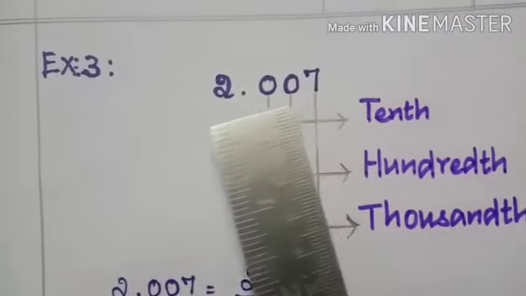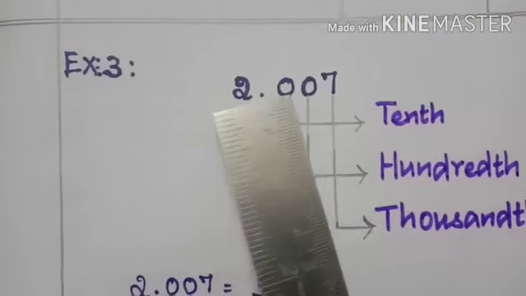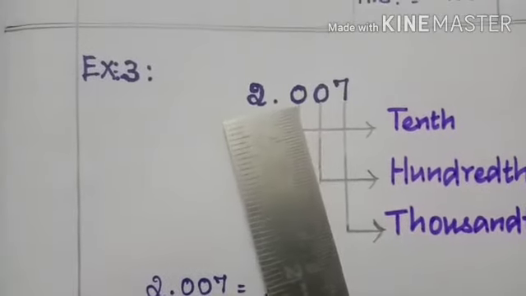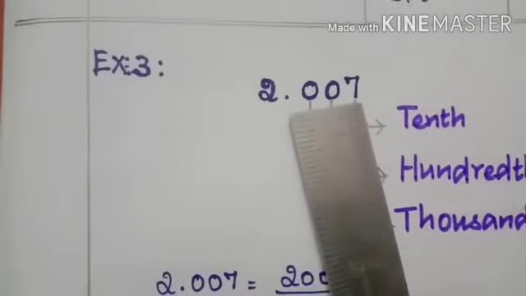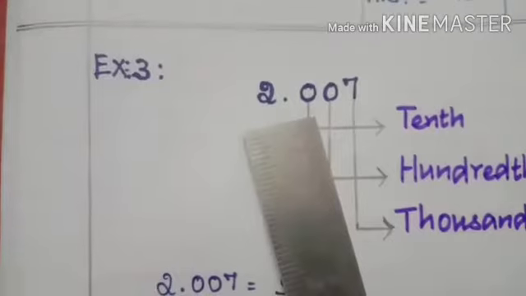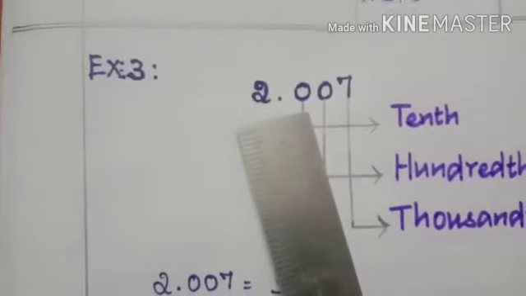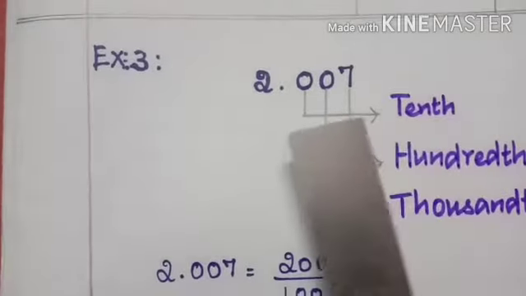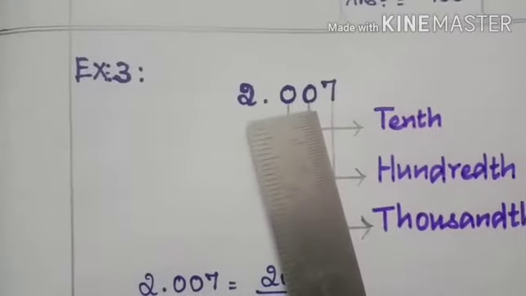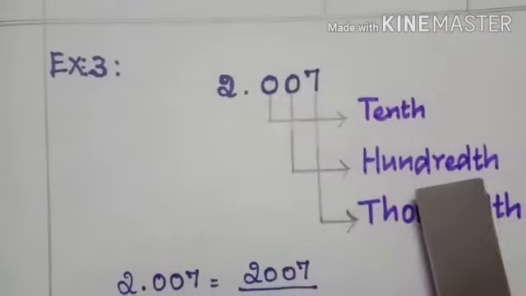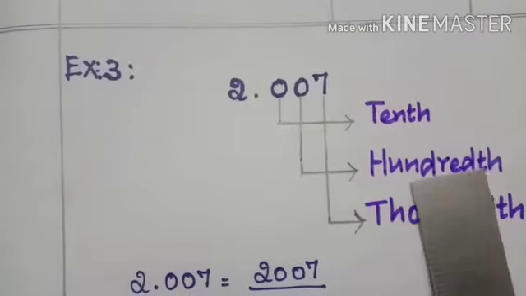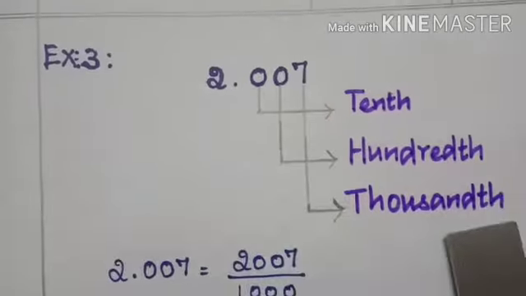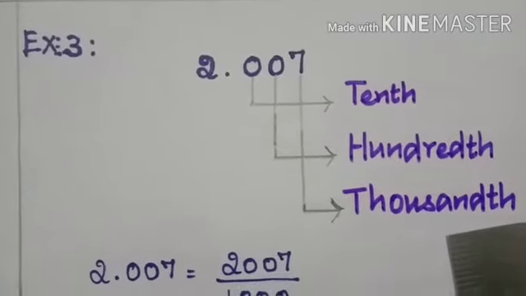Next example, 2.007. Here the decimal form is given. We have to convert it into a fraction. After the decimal point, the place values start from 10th, 100th, 1000th. What is the place value of 0? Yes, good. The place value of 0 is 10th. What is the place value of the next 0?